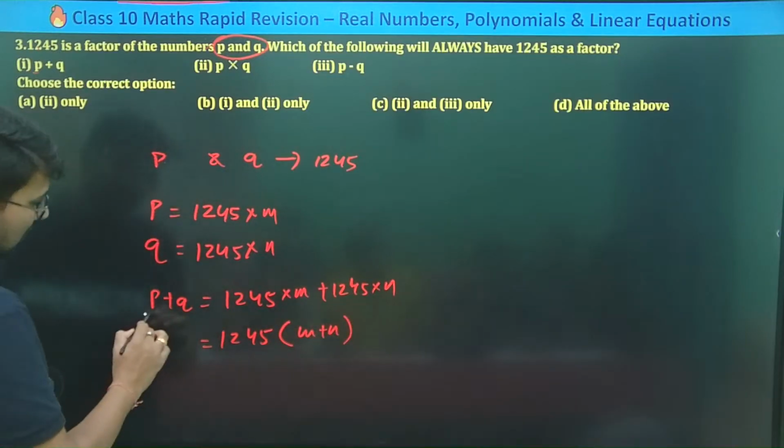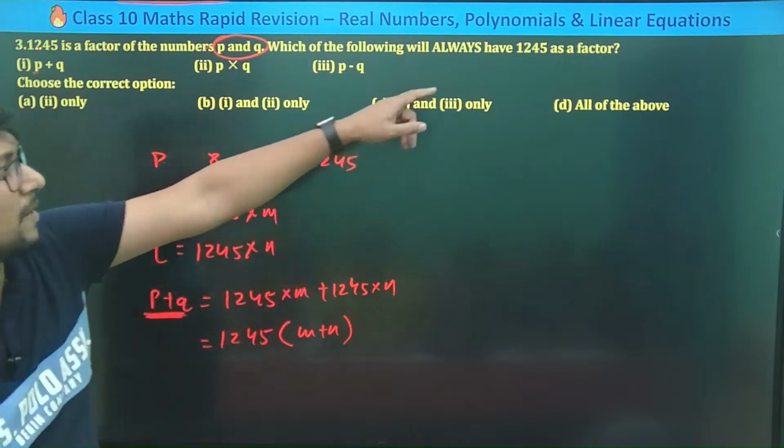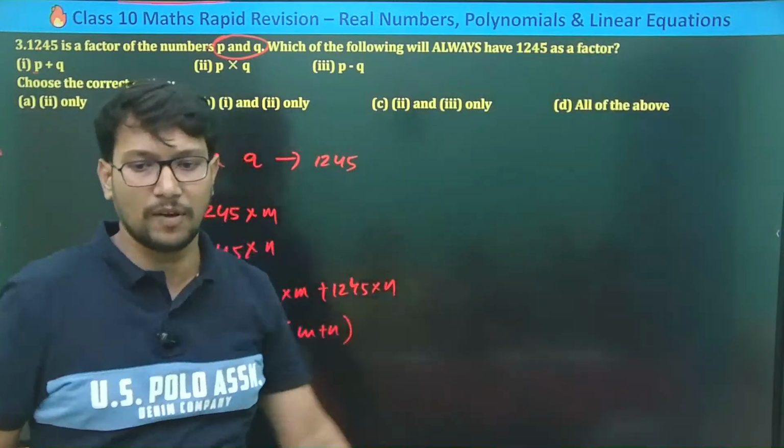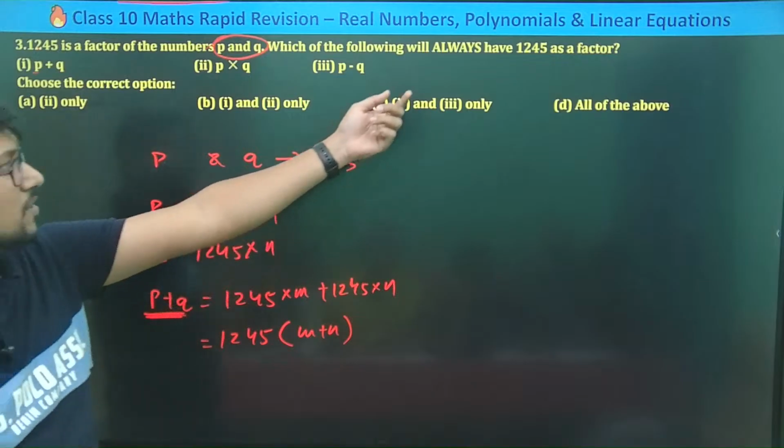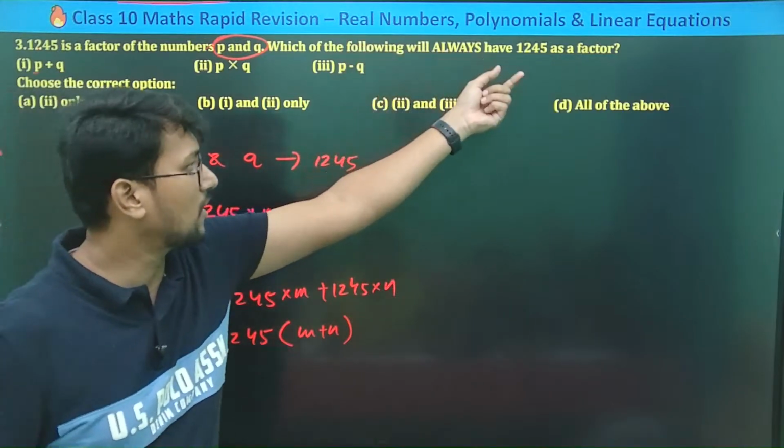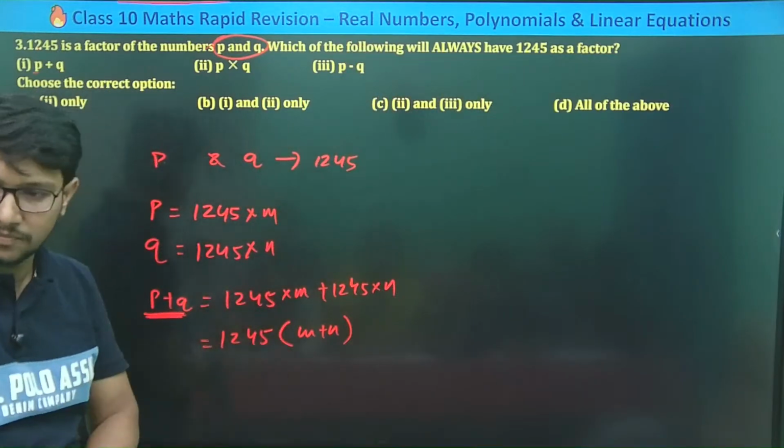So is P plus Q divisible by 1245? Why not? P plus Q is not divisible, means it is not a factor of P plus Q.